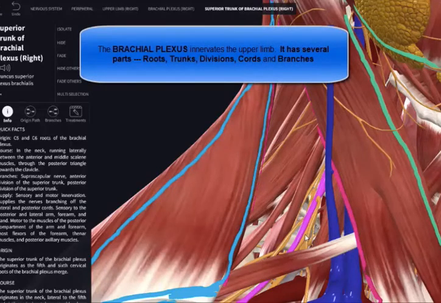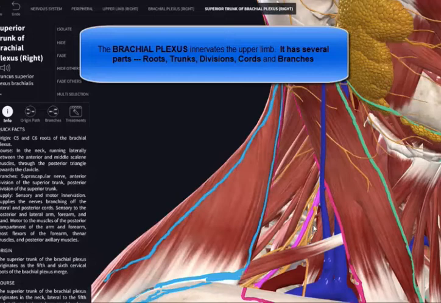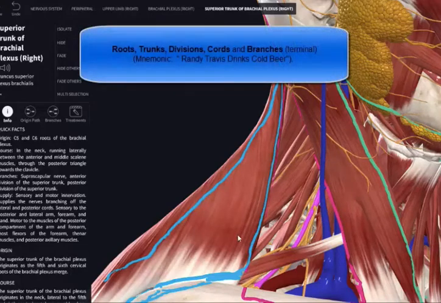In addition, it has several parts. It has parts that are called roots and trunks, but it also has divisions a little bit further down, and it has cords and branches. Okay, so there is a mnemonic, which stands for Randy Travis drinks cold beer. So roots and trunks, divisions, cords, and branches. Okay, and it innervates all of the upper limb.